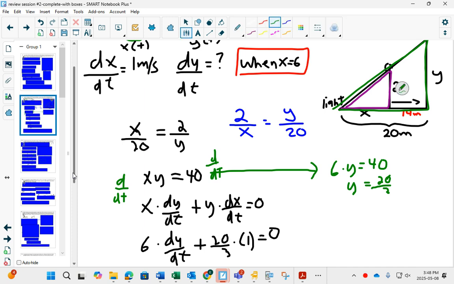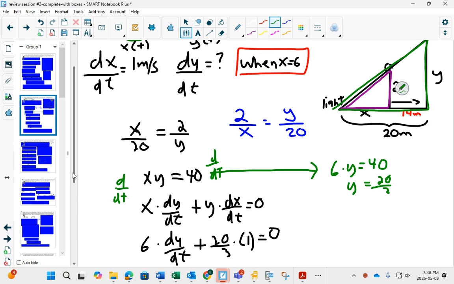When x is 6, we can find out exactly what y would be. Based on this, y would have to be 20 over 3 at that moment, right? Because if x is 6, you just take this equation right here, xy equals 40.